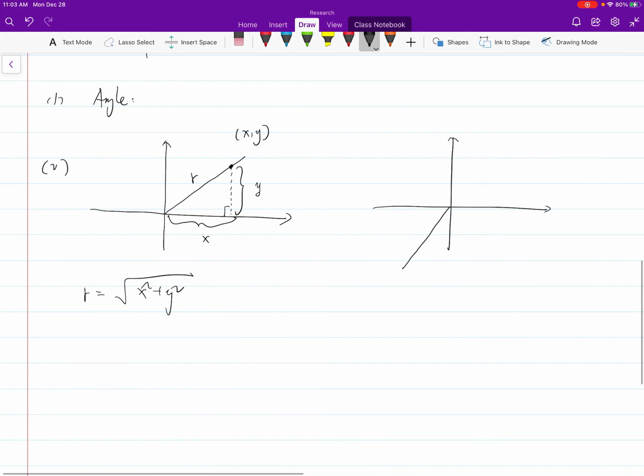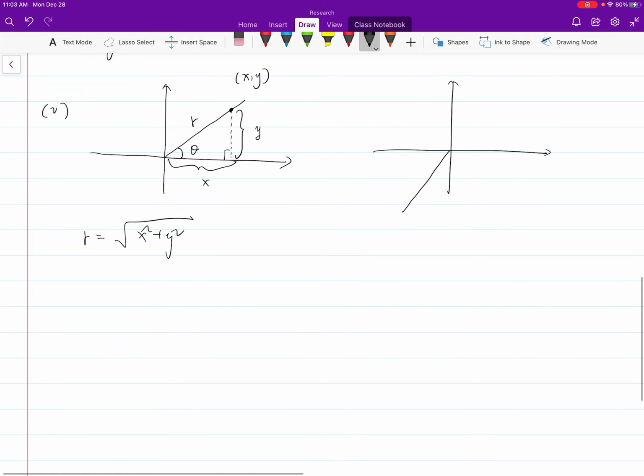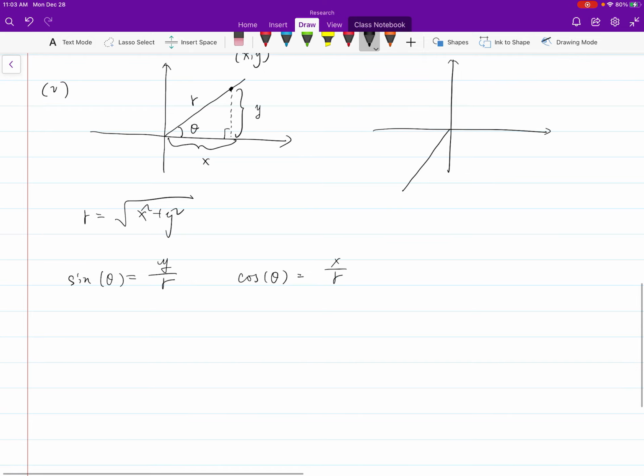Then, through the definition before, for this theta, we can still do the same definition, but this time using the sides based on this point. Sine theta is y over r. Cosine theta is x over r. Cosecant, right away, r over y.